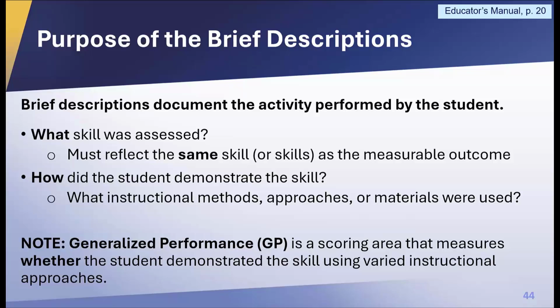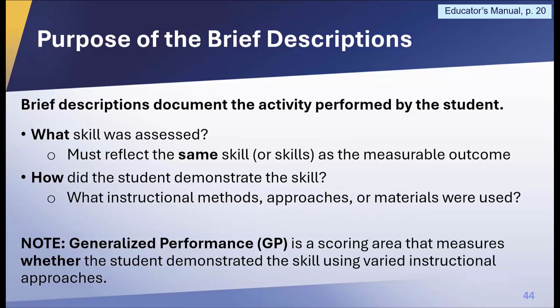And so in order to understand what you're doing, we're asking you to tell us what the skill was that's assessed. And we talked about it a lot in that first half about how that skill must be the same skill that's in the measurable outcome. And then how did the student demonstrate that skill? What were the instructional methods or approach? What kind of materials were used? So we want to know what and how in those brief descriptions.